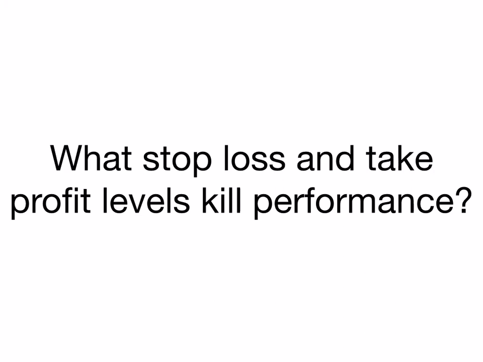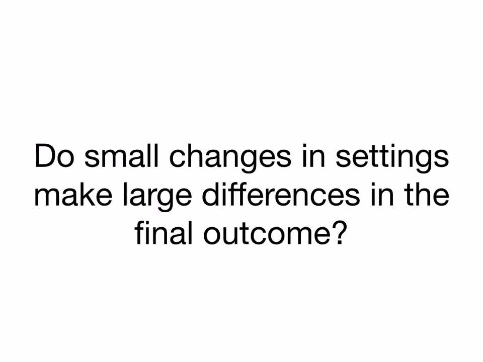Say that I'm trading an expert advisor that uses moving average crosses. How sensitive is the historical return to changing the MA's period? For example, does changing that fast MA from 25 to 30 make a small or large difference in the final outcome? Let's use a moving average strategy as an example.